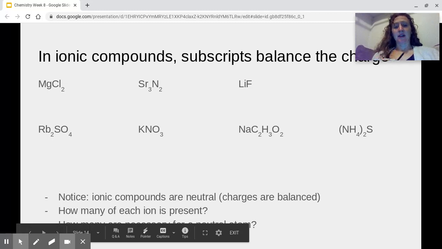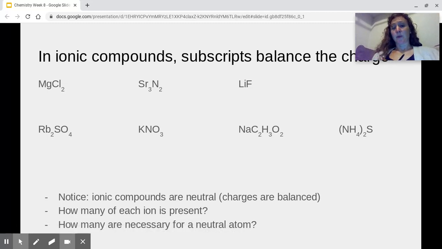In ionic compounds, the subscript actually provides an additional service. So, yes, it tells us how many atoms are involved or how many ions are involved in the lattice or in the compound. But in ionic compounds, it actually shows us the ratio you need to come up with a balanced compound.